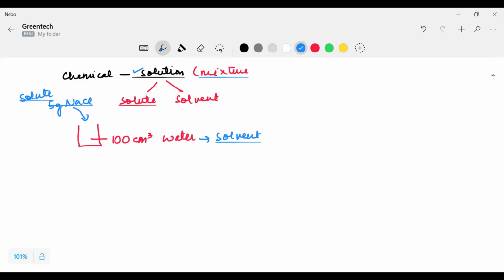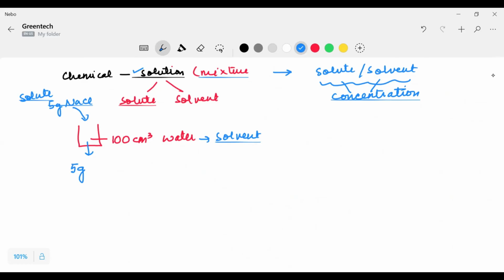Okay. So, whenever we are talking about the solution, we are talking about the solute quantity and the solvent quantity both. When they are written together, we call them concentration. So whenever we talk about solutions, we talk about the concentration, where the solute part is mentioned and the solvent part is also there. Here, when I talk about the concentration of this NaCl made in water, I can say that 5 grams of NaCl is dissolved in 100 cm cube of water.